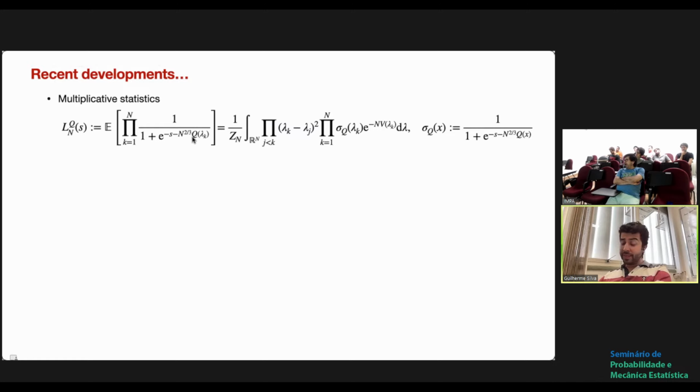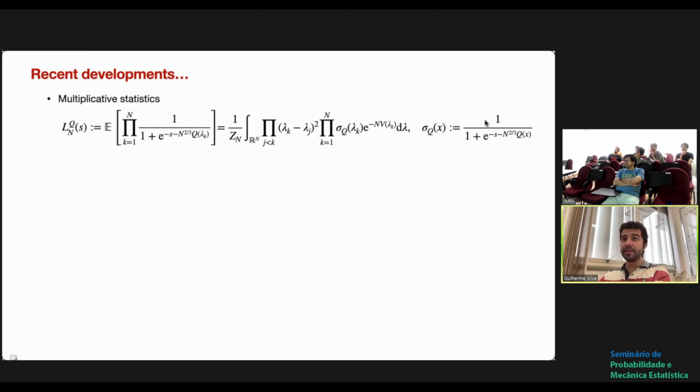And if you compute the multiplicative statistics, because we have this explicit solvability of eigenvalues, it can be computed exactly as an n-fold integral that you see here on the right-hand side. And if you just focus on this part here and this exponential part, those two terms combined correspond just to the joint eigenvalue distribution of the original matrix model, but now we just add this term sigma here, which is the one that corresponds to computing the statistics themselves, right?